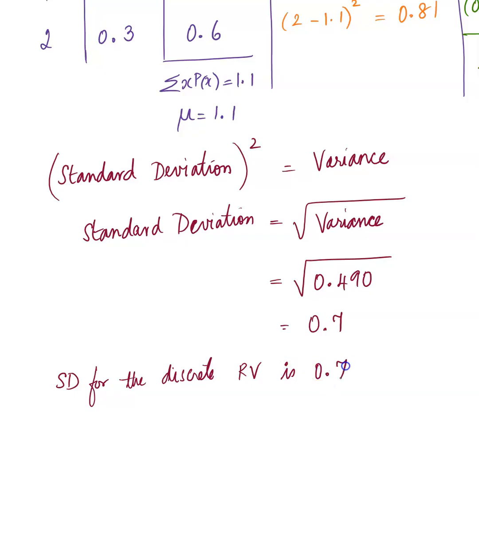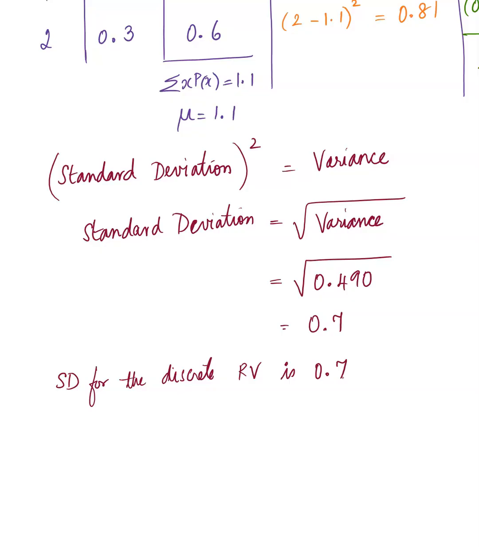is 0.7. Okay. So what this is telling us is that we know that there is the data values, right? They deviate from the mean 0.7 points to the left or right. In this case, it's 0.7. What was the definition? 0.7 number of days per week.